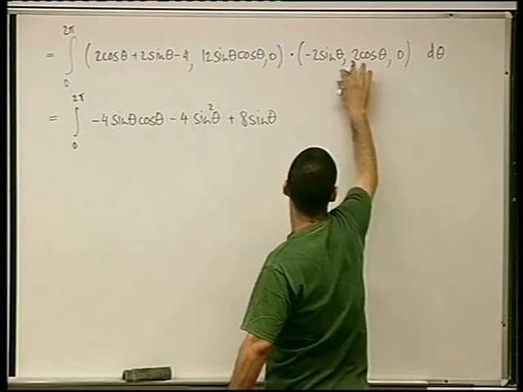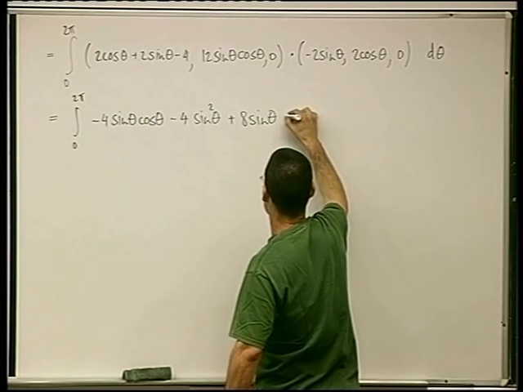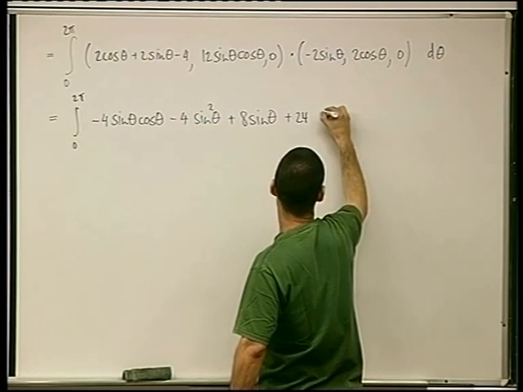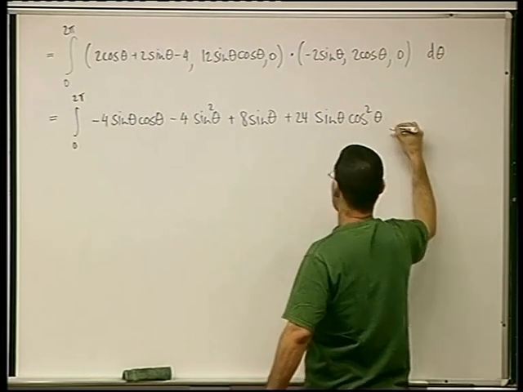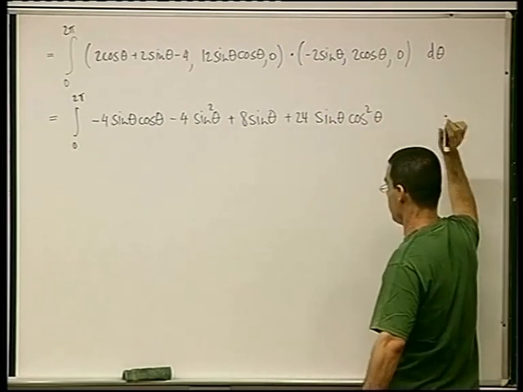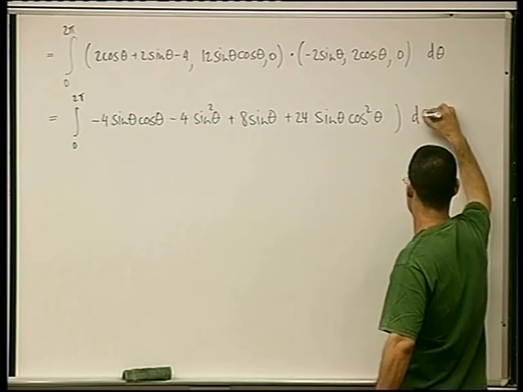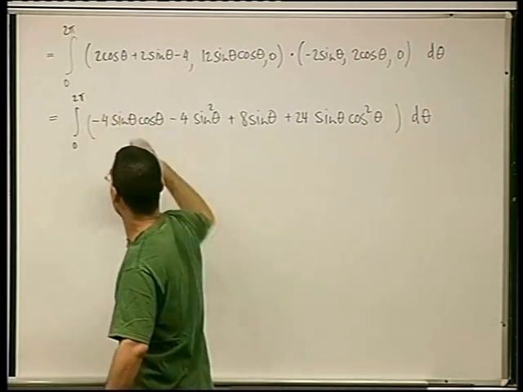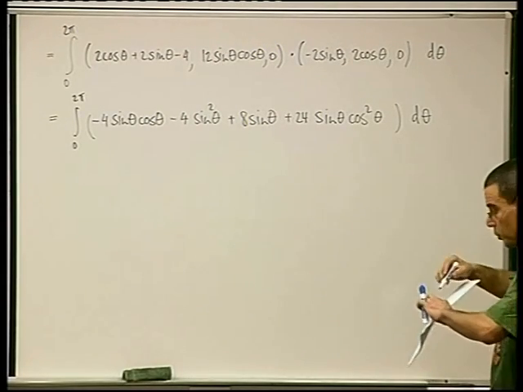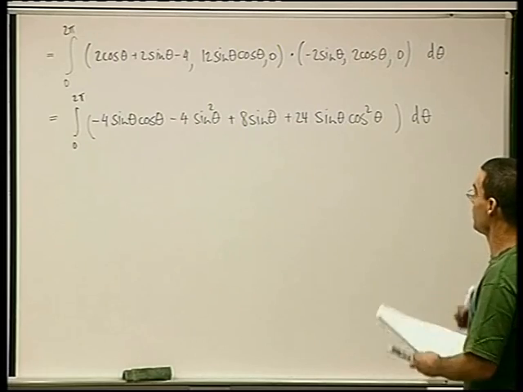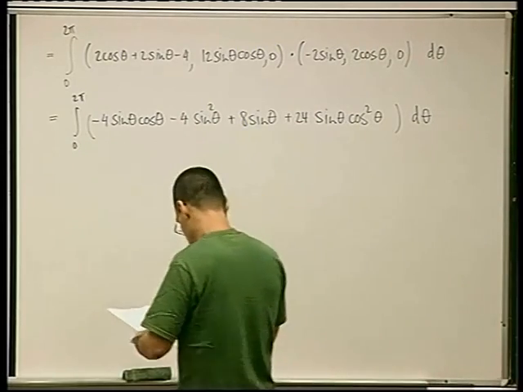And then I have this times this, so I have plus 24 sine theta cosine squared theta. And then plus 0 times 0, which is 0. So that's it. I have a total of 4 terms. Right? Everybody with me? Now let's see which ones I can say right away are equal to 0.